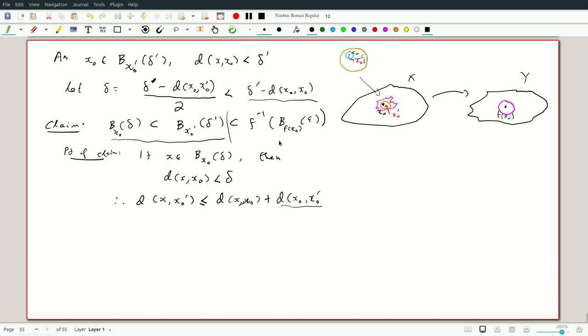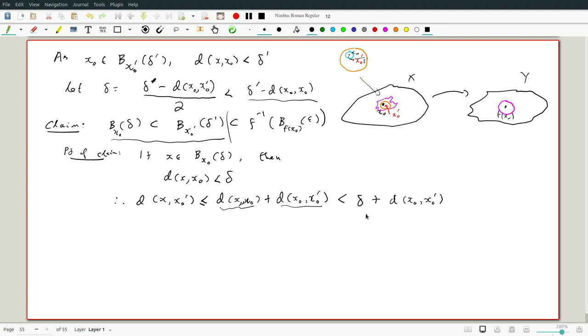So here we are. We want to know this. Okay, so let's note down what we actually have. The distance between x and x0, because of the definition, is less than delta plus the distance between x0 and x0 prime.